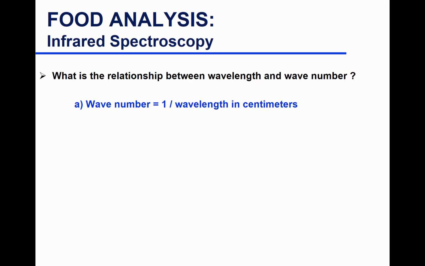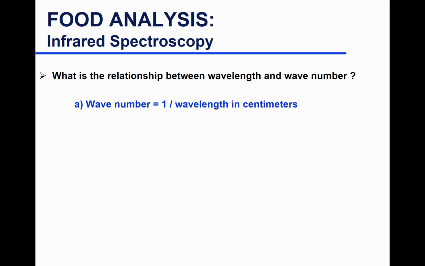So in IR, you often hear or you plot wave number against transmission instead of wavelength. In absorption, you have wavelength on the x-axis and absorption on the y-axis. In IR, you have percent transmission on the y-axis, and on the x-axis is wave number.